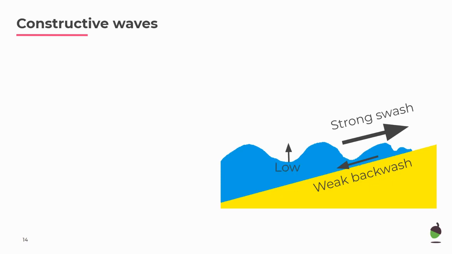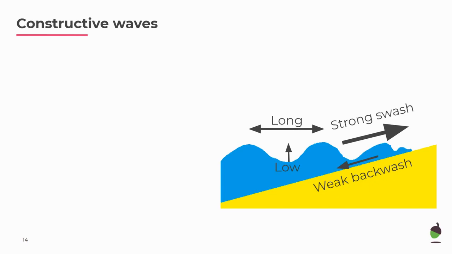These waves, as we saw in the picture, have a low wave height. And you can see my black arrow there from the wave trough, so the bottom of the wave, all the way up to the wave crest, the top of the wave. They are very low waves. However, they have a very long wave length, and that's the distance from crest to crest.